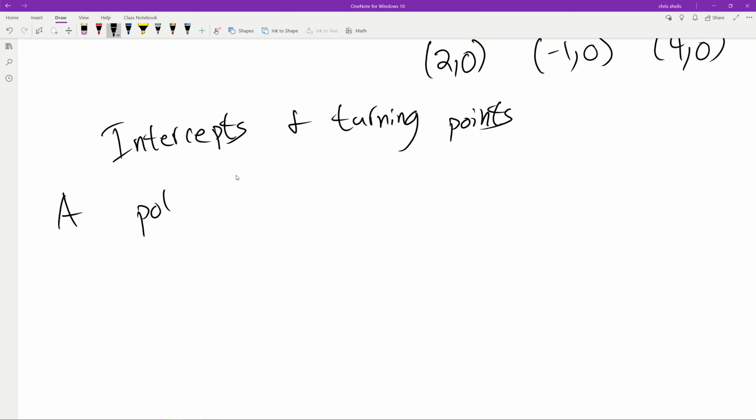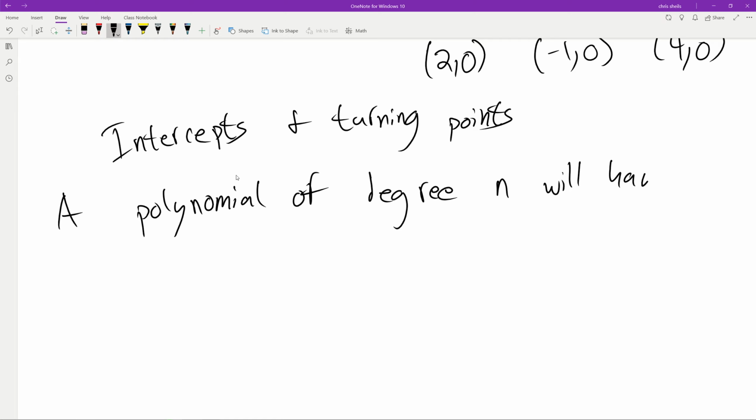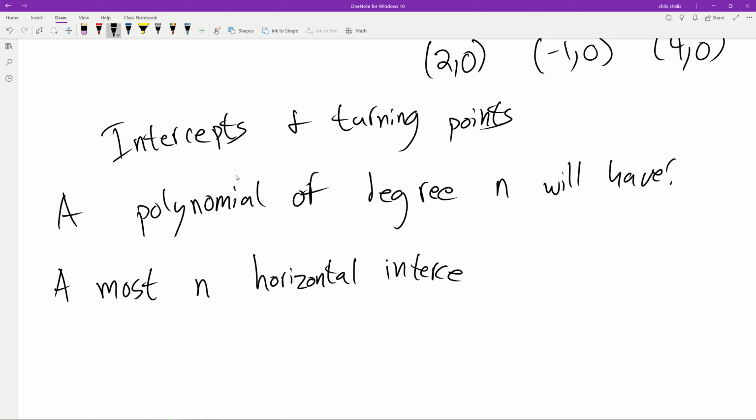A polynomial of degree n will have at most n horizontal intercepts. An odd degree polynomial will always have at least one.